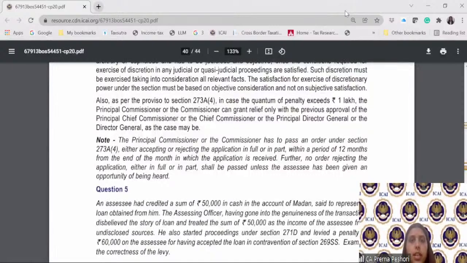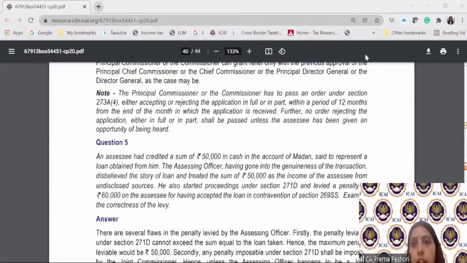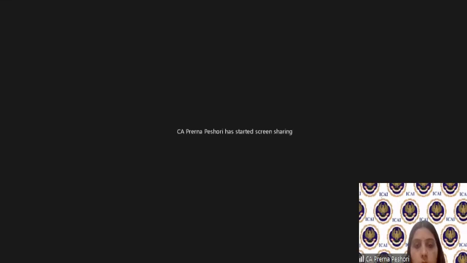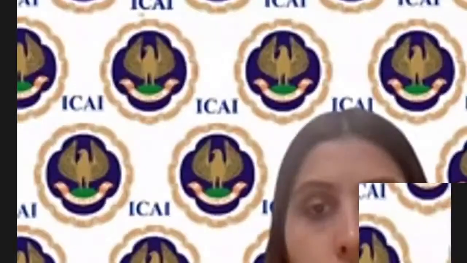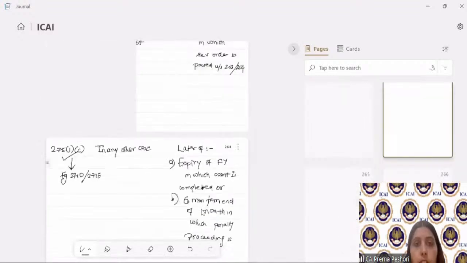But okay, let's discuss a very important aspect over here. Now, first of all, if you notice, the AO has levied the penalty under section 271D of rupees 60,000. What we had learned while dealing with 271D: how much was the penalty allowed?